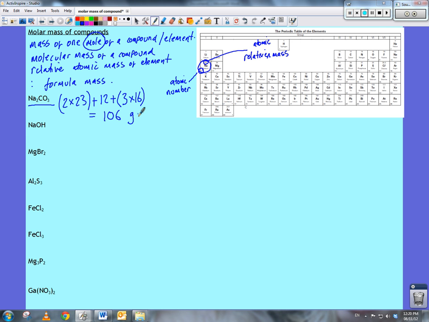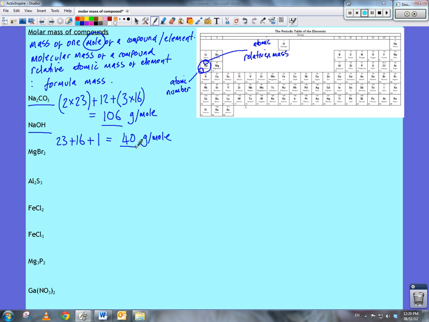They're called grams per mole. Whereas all of the other definitions, molecular mass, relative atomic mass, formula mass, do not have units. Molar mass, we tend to give units of grams per mole. 106. Sodium hydroxide, we've got sodium with 23, and oxygen with 16, and hydrogen with 1. That gives us a mass of 40 grams per mole.